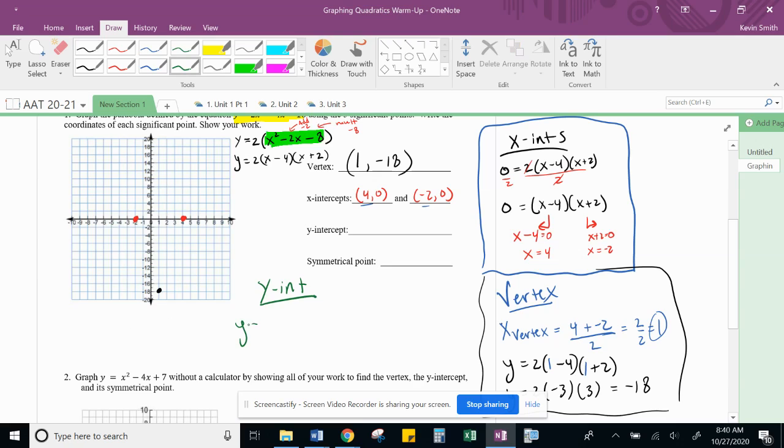So I get y equals 2 times 0 minus 4 times 0 plus 2. y equals 2 times negative 4 times 2. So this is negative 8 times 2, which is negative 16. So this point will be 0 comma negative 16.